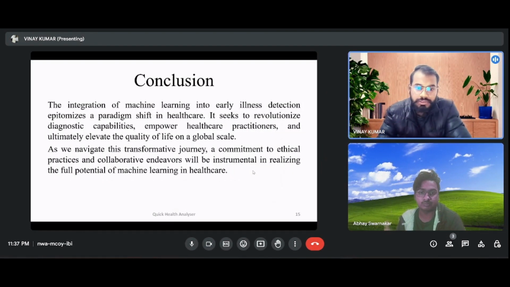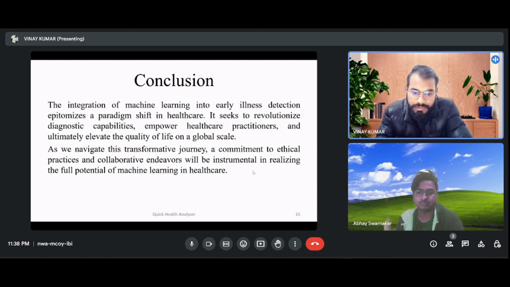Now the conclusion. The conclusion of this project is that the integration of machine learning into early illness detection is a paradigm shift in healthcare. It seeks to revolutionize diagnostic capability, empower healthcare practitioners, and ultimately elevate the quality of life on a global scale.